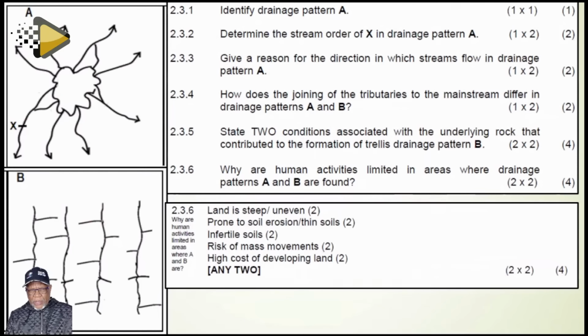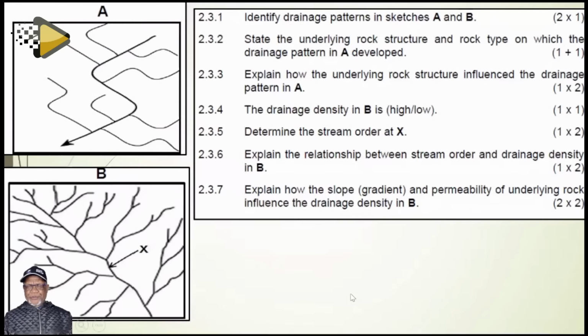So that is why they are not easily habitable. The land is steeper, it's prone to soil erosion, the soil is infertile, there's a risk of mass movement, and a high cost of developing. It's not easy to develop there. So there are a number of reasons that we can give why this is not easily habitable.